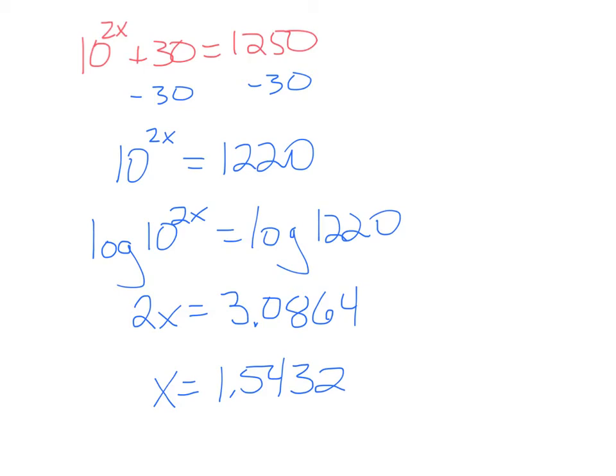So far we've gone over that if the bases are something that you can make equal, then you can set the exponents equal to each other. If we have one term on each side and we cannot get the bases equal to each other, we're allowed to take the log or the natural log of both sides and solve from there.